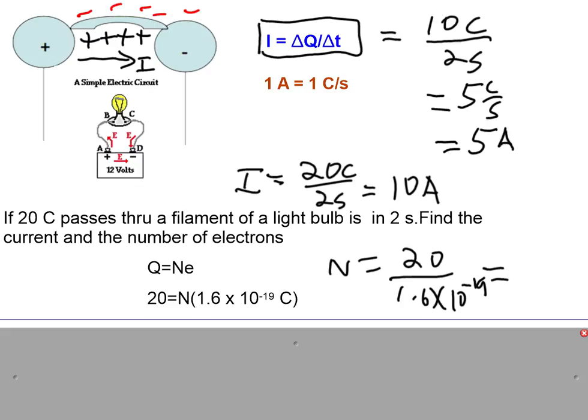This turns out to be 12.5 times 10 to the 19th electrons.